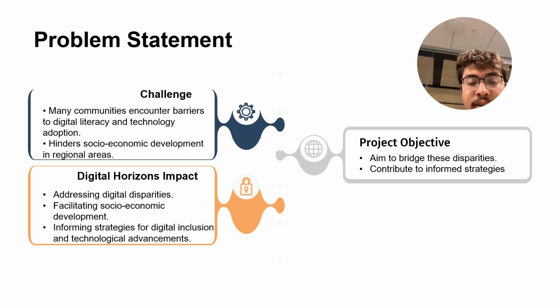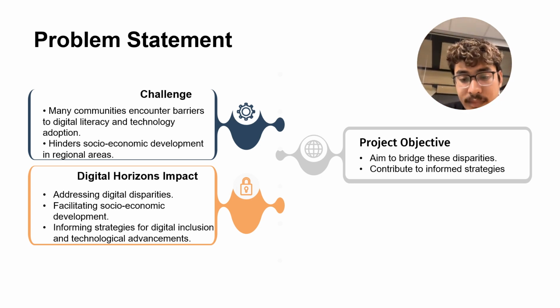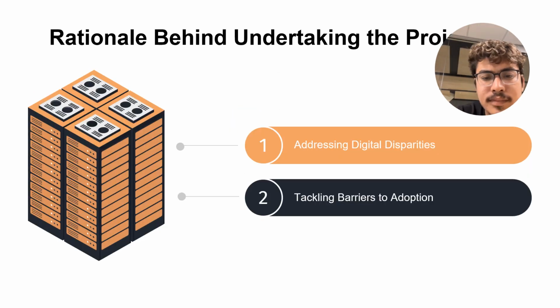Digital horizon impact: it addresses digital disparities, facilitating socio-economic development in regional Australia, informing strategies for digital inclusion and technological advancement in AI in regional parts of Australia. And project objective: it aims to bridge these disparities and contribute to informed strategies.